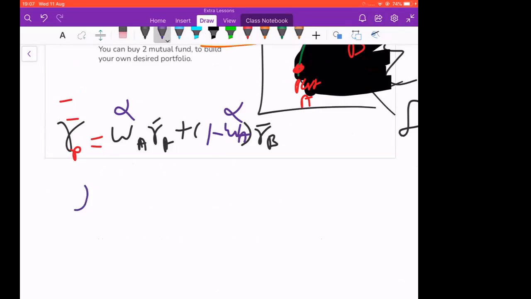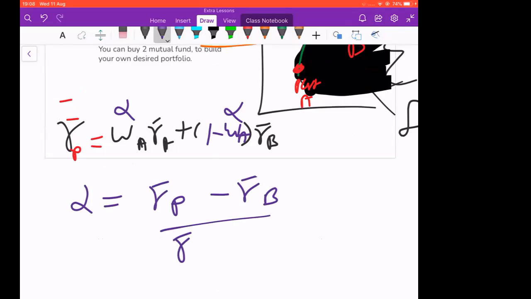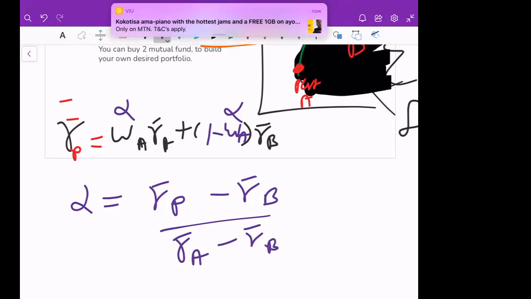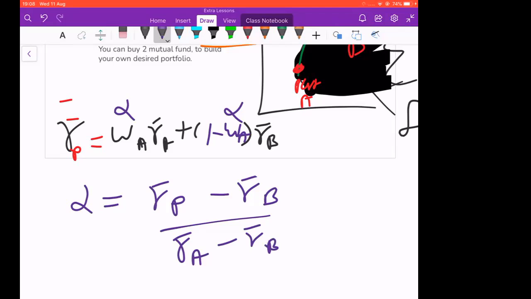To find how much of asset A you should buy, you just have to take the expected return of your target portfolio minus the returns of B, over the expected return of asset A minus the returns of B. I hope this makes sense.